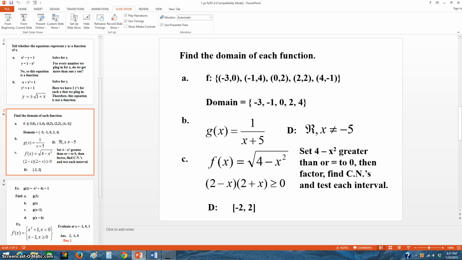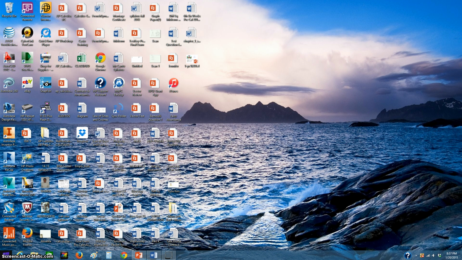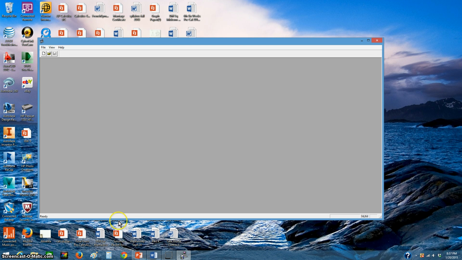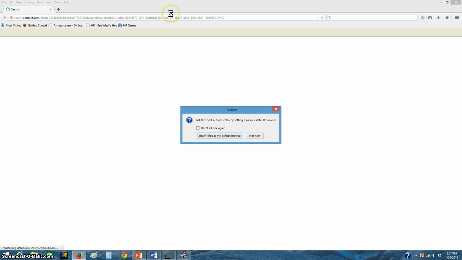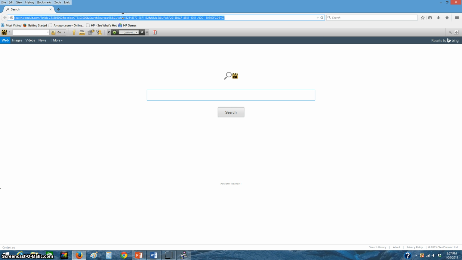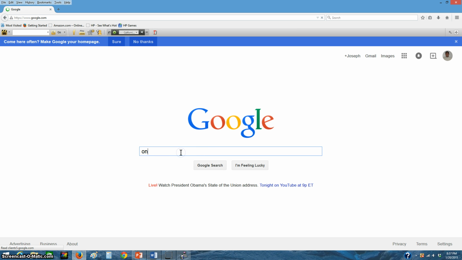So let's look at this graphically because I want to show you how it is graphically. Okay, so I have a calculator on here, and I may have to use another one. So let's just use an online graphing calculator. All right, let's see if I can find the best one.